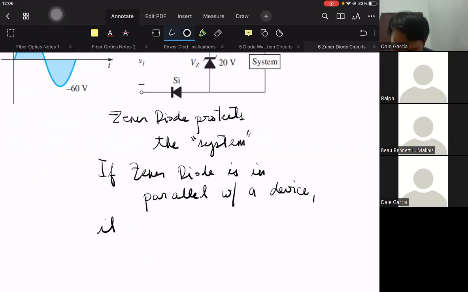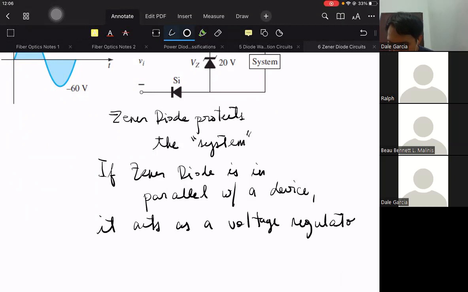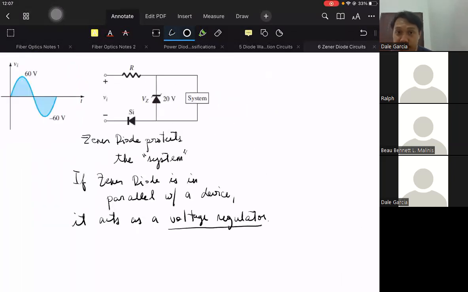It acts as, and this is the main purpose of the Zener diode, a voltage regulator. This is the main purpose why Zener diodes exist. The Zener diode's main capability is voltage regulation. It regulates the voltage to a specific value, which in this case is 20 volts.